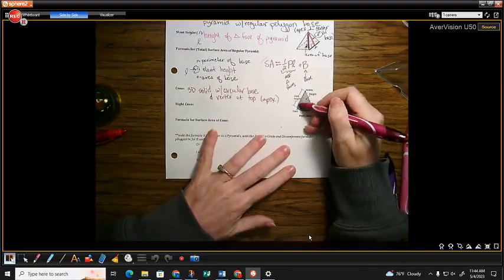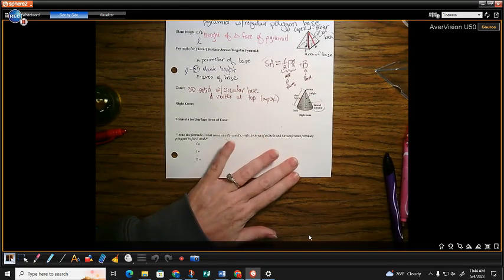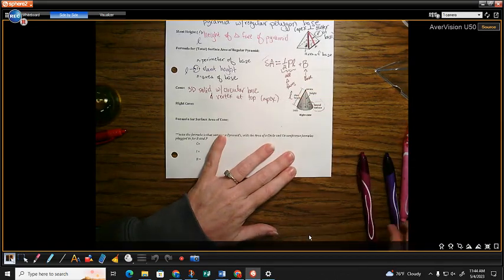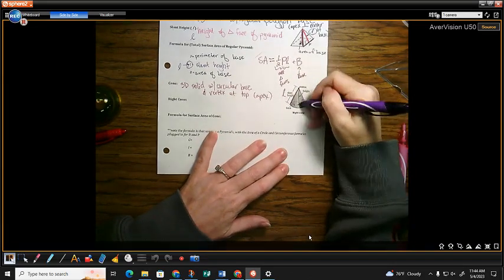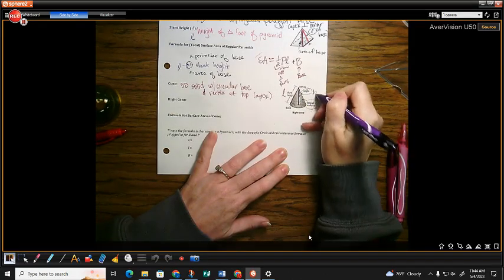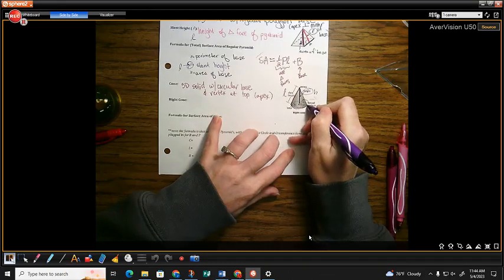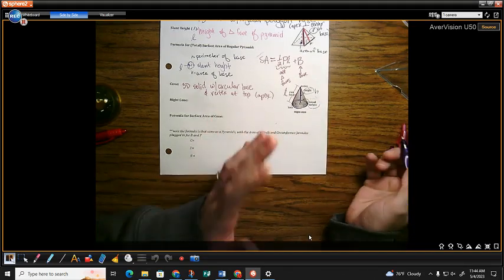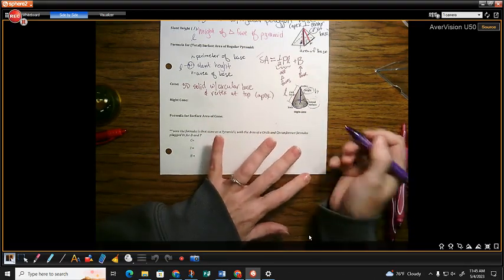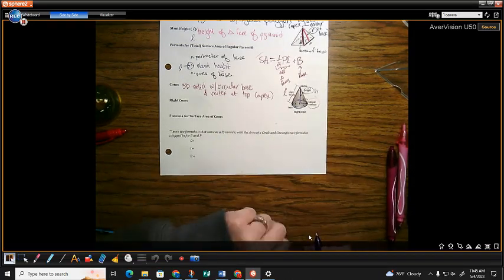But it still has a slant height, which is what letter? Cursive L or italicized L. It still has a perpendicular height, which is just called your height, H. But now, if you wanted to find the perimeter, you would really be finding the circumference of a circle, and to find the area and stuff, everything would involve this radius instead, okay?